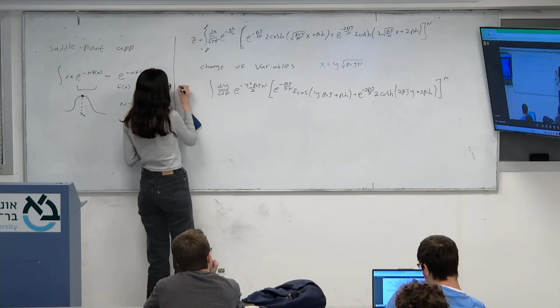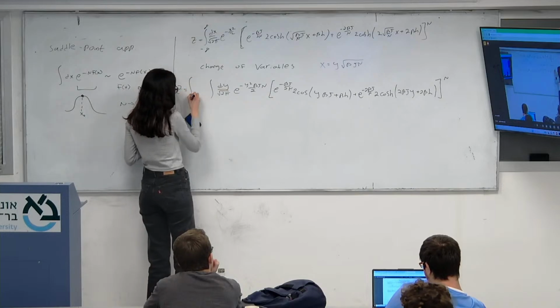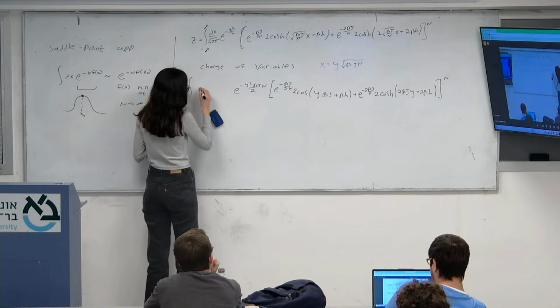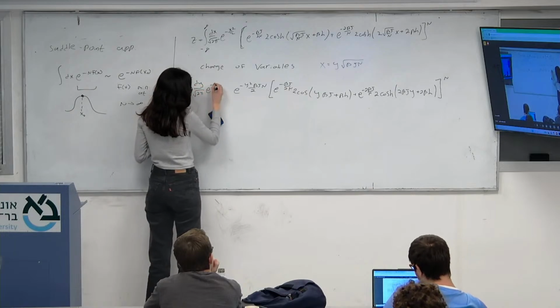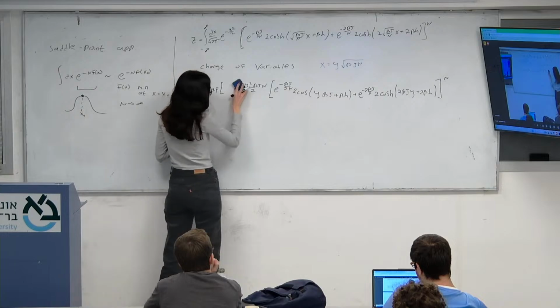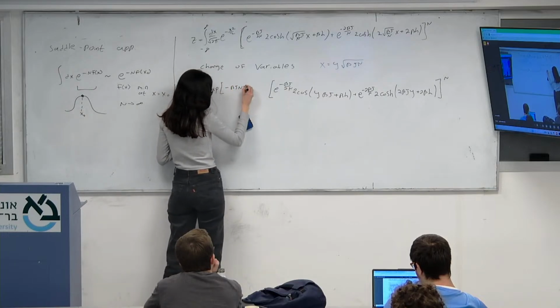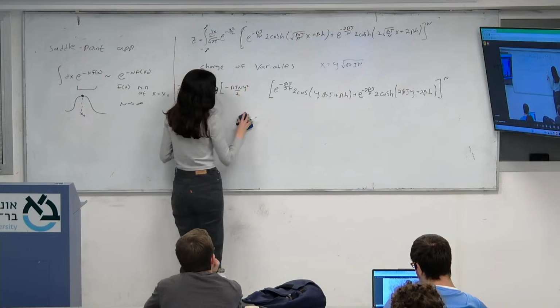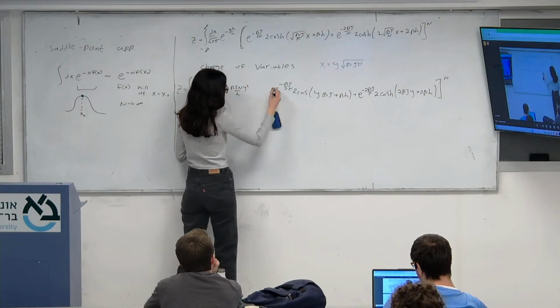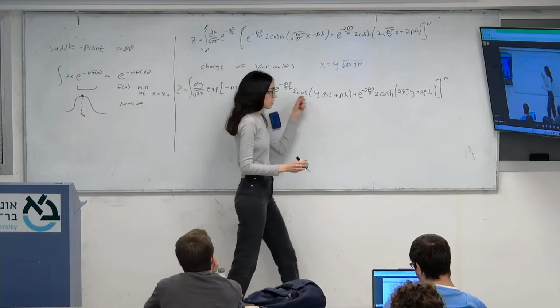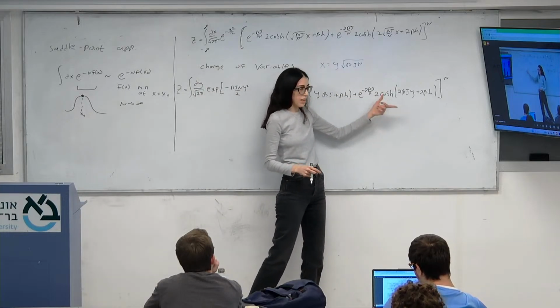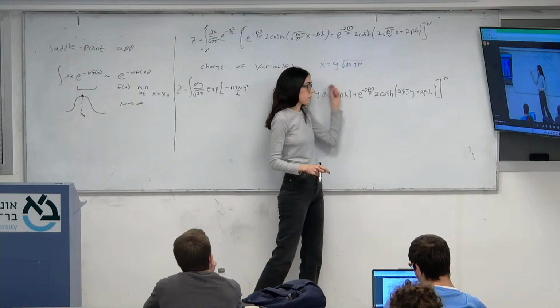So I have an exponent, and then I just take the exponent of the ln, the logarithm of everything here.